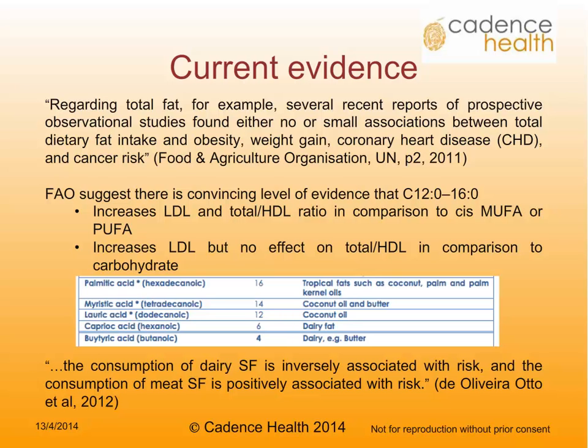So there is, as far as we know, a convincing, fairly strong level of evidence that fats between C12 and C16 in length increase our LDL production and the ratio between LDL and HDL.